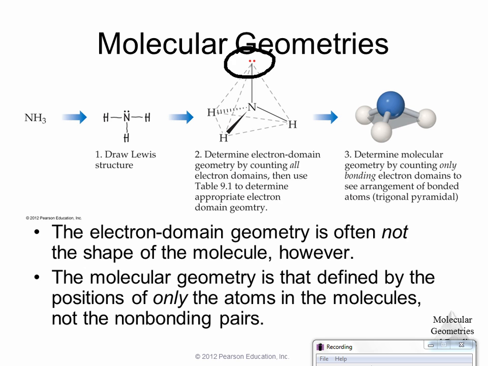And as we'll see here in a second, these unshared pairs, or these non-bonding pairs as they're referred to in your book, take up more space than the bonding pairs, and they force the other groups to the bottom. So we don't see this take the form of a flat triangle like this, where it all spreads out evenly. We see the other groups push down to the bottom, and that's all because of the non-bonding pairs that we see.